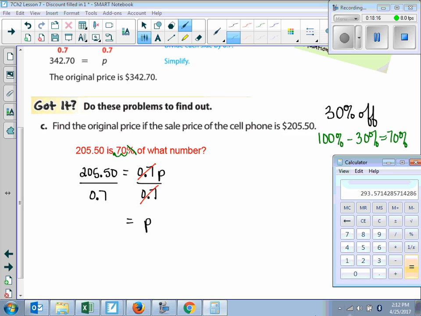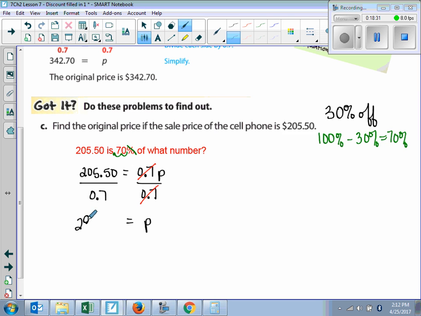So how much money is that? And 57 cents. Very good. So we've got $293.57. And that is the original price of the cell phone.